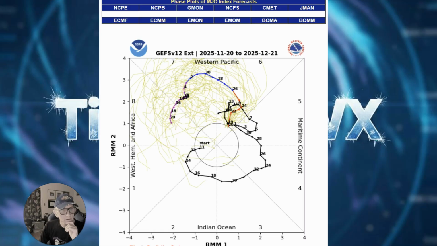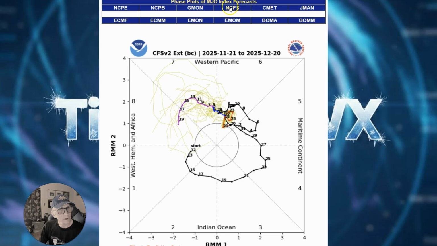So you have it starting here, moving to the east, slowing down some, but continuing to move through the Western Hemisphere right around Christmas time. So yeah. Next one.